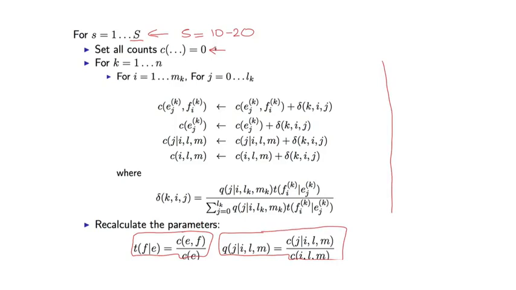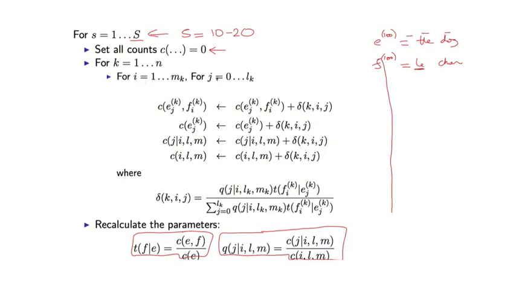So we initially set the counts equal to 0, and then again we pass over every training example. We might find an example like the one I showed you before. We consider every position in the French string paired with every possible position in the English string.